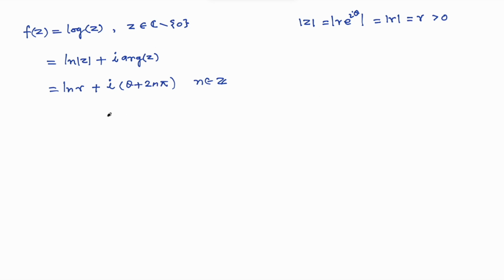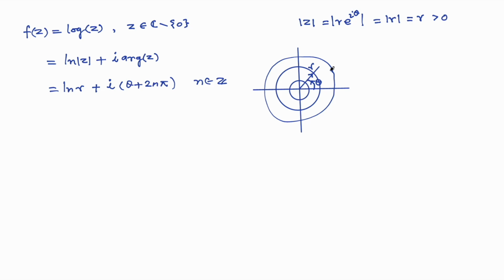Okay, so now if you look at the structure in the xy plane, if I say r is the distance and theta is an angle, then you can find circle, and then again circle, and then again circle, and you can get multiple circles.